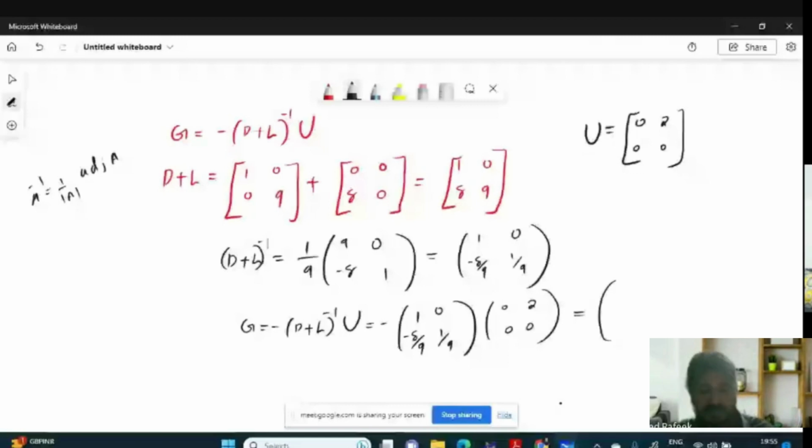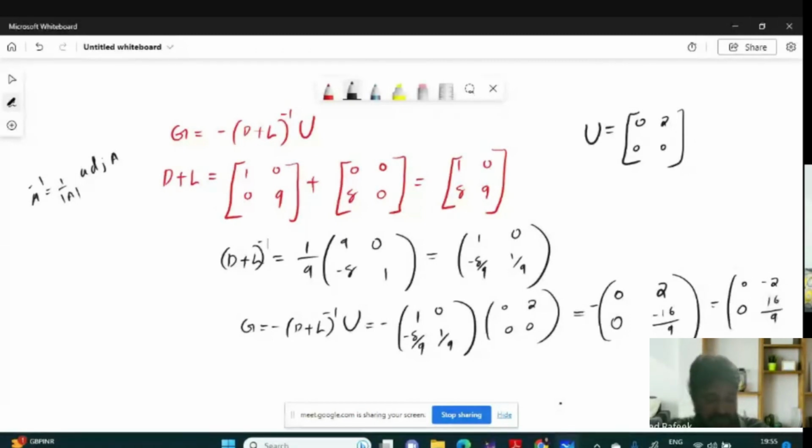First entry 1 into 0, 0, then 2, 0, 0, minus 16 by 9. The negative is there, so the final answer is 0, minus 2, 0, 16 by 9.